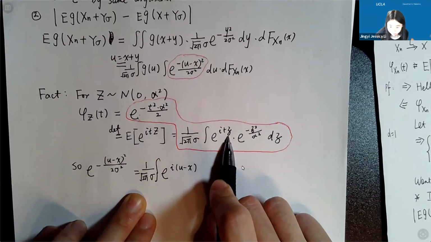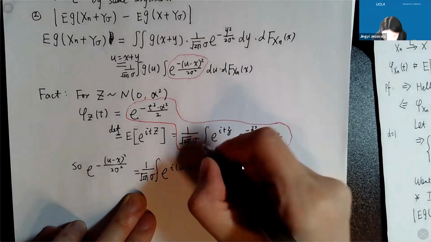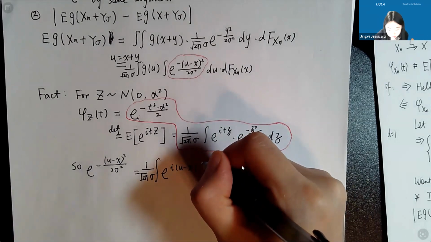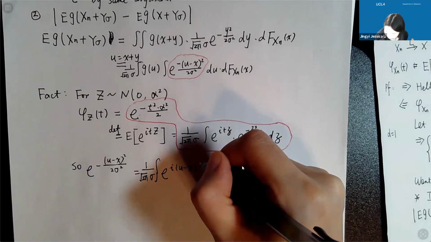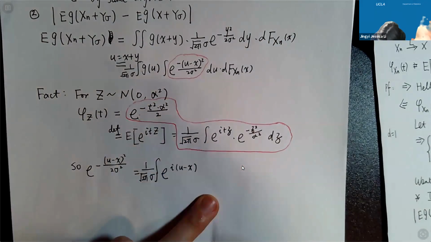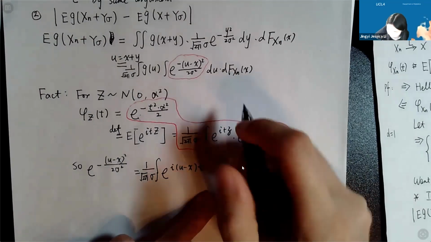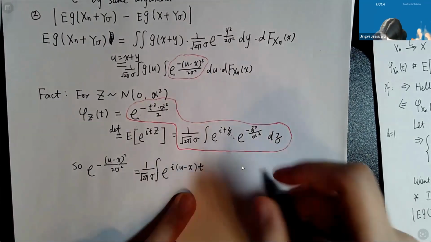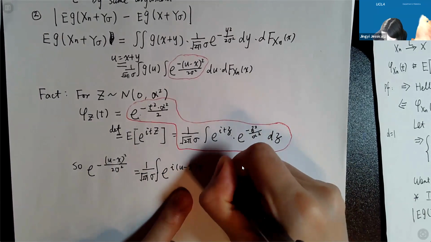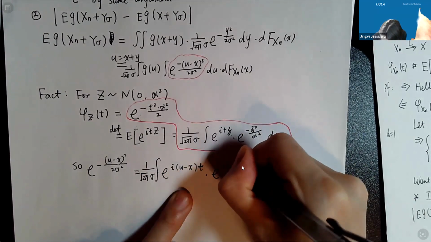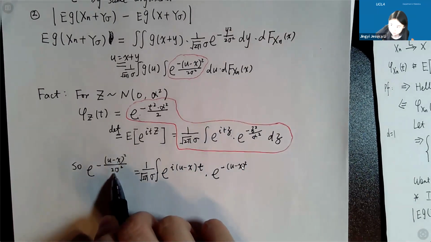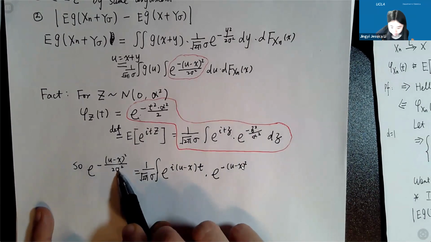Probably it's better for me to fix some notation issues. Pay attention: I want to use the notation t as opposed to z because that's easier to go back here. So t, and the second term, exponential negative u minus x squared, and as I said, alpha is 1 over sigma here.